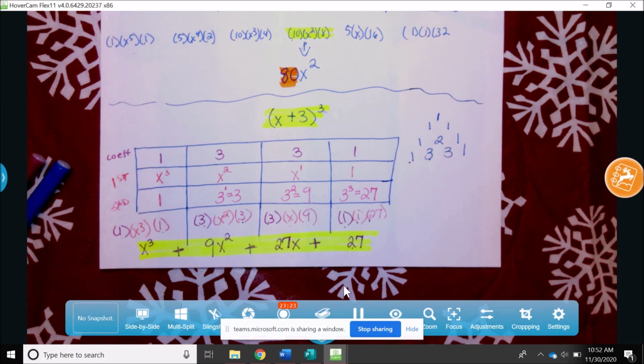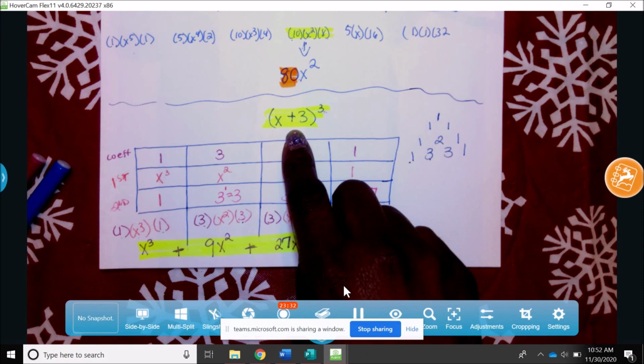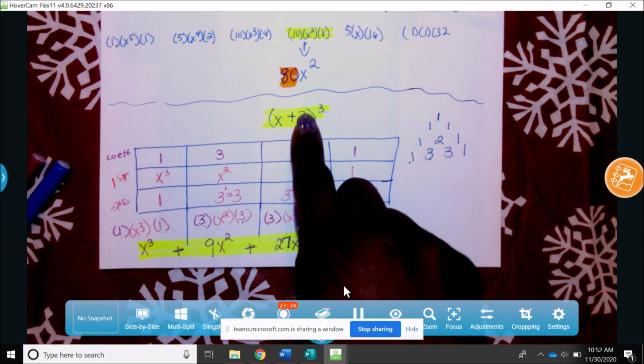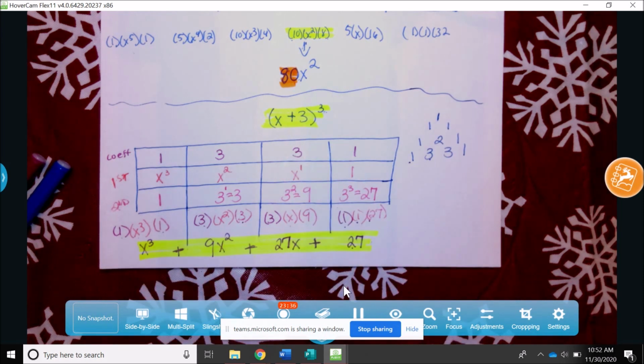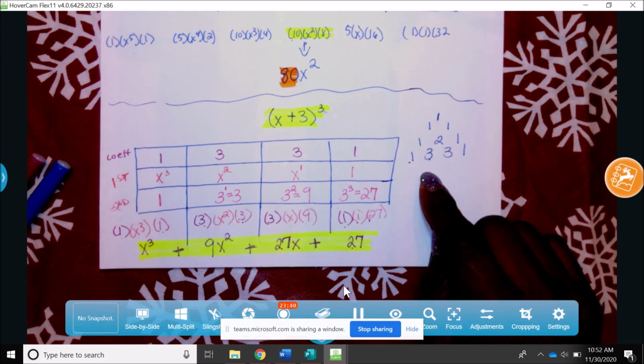It's going to produce the same answer. It's just going to take you a little longer. And you have to be a lot more careful, especially when you have a negative or when you have a variable as your second term. But it's not impossible. So this is a tool. Theorems are tools.